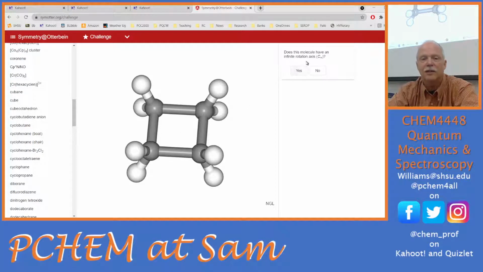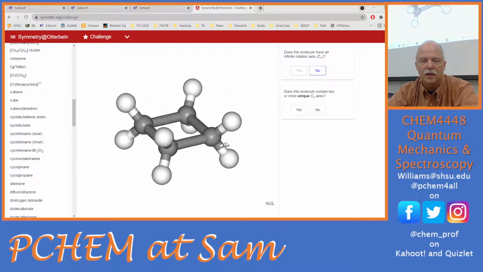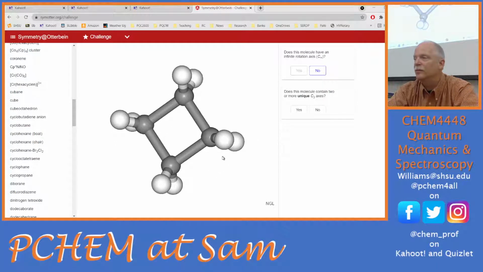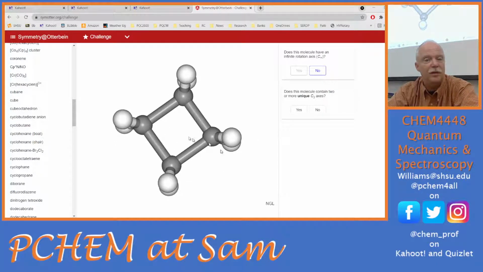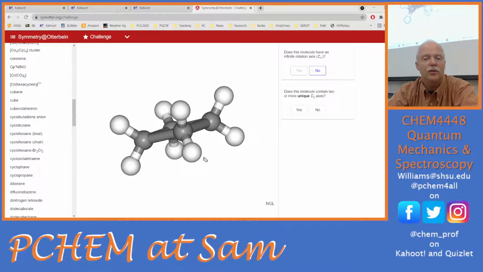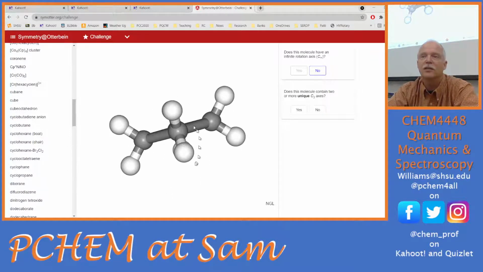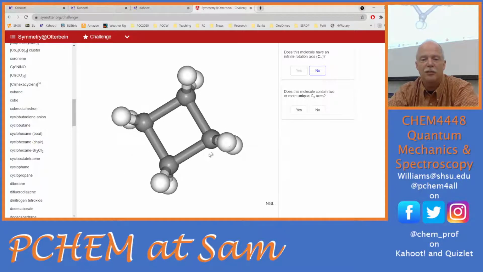In this SymOtter, it's asking if it has a C infinity axis. And so we would say no. Does it contain two or more unique C3 axes? I don't see any threefold symmetry in this molecule. There's fourfold symmetry, meaning it's like four things rotating around each other, or you could rotate a C2 here. But I don't see any C3, so I'm going to say no.